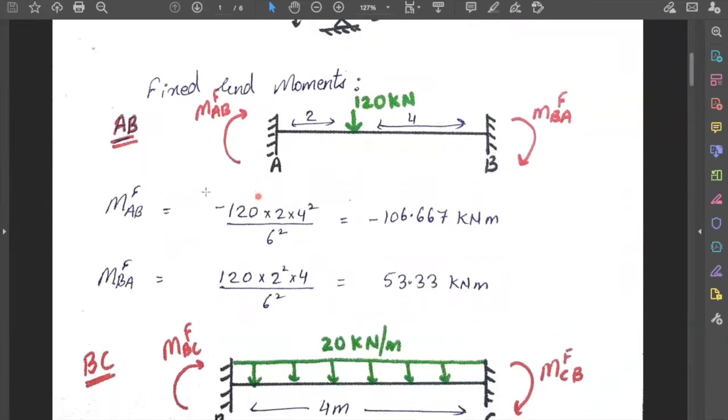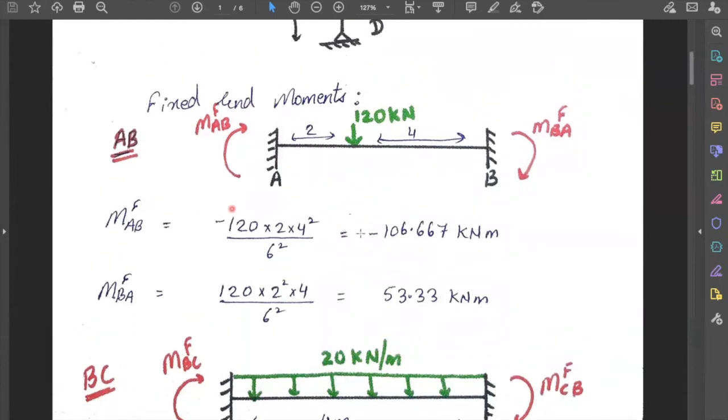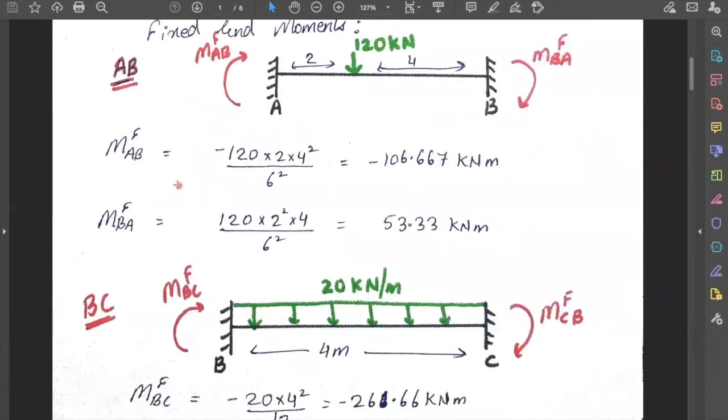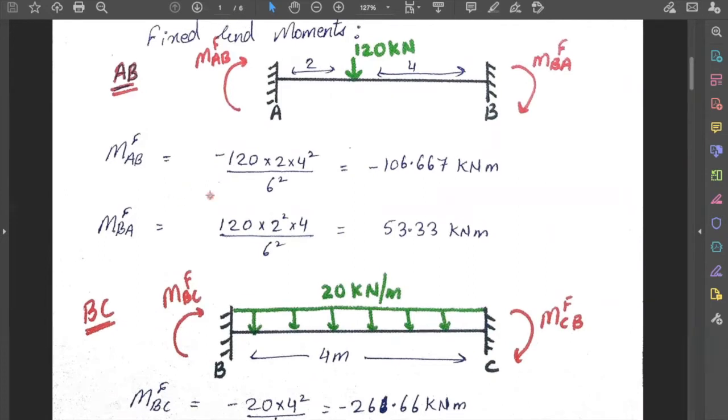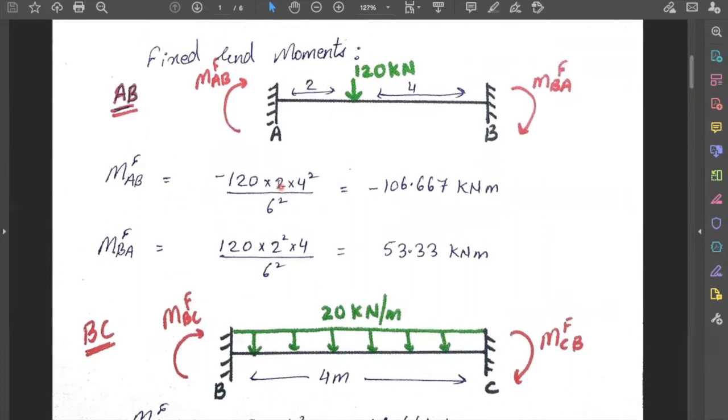So for AB, I have set the kinematic indeterminacy 0 at point B by providing a support. Now, to find the fixed end moments for AB, apply the formula MFAB equal to force times the distance from point A. The force is 120 kilonewtons.